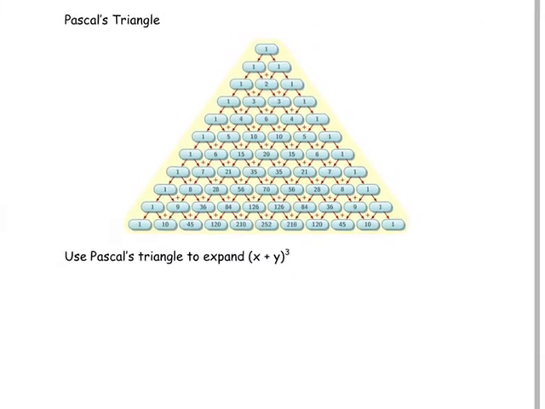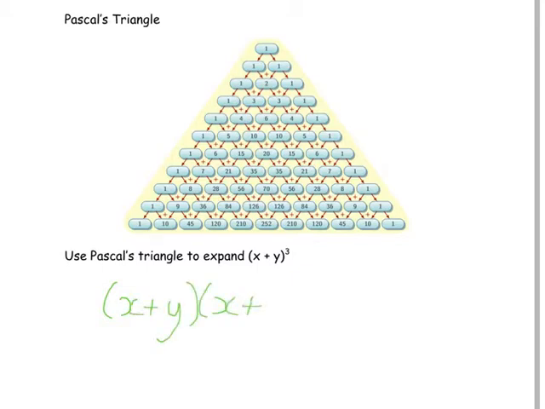Use Pascal's triangle to help you to expand (x plus 3) cubed. So remember, this actually means that we're going to be doing (x plus y) times (x plus y) times (x plus y).